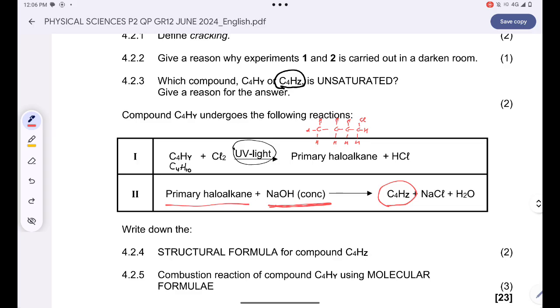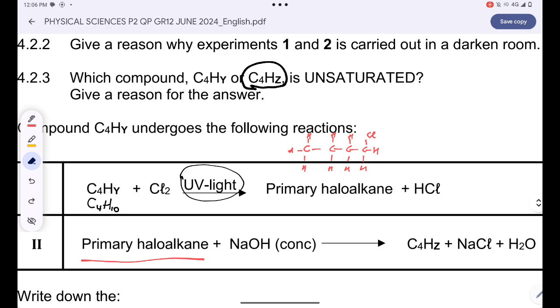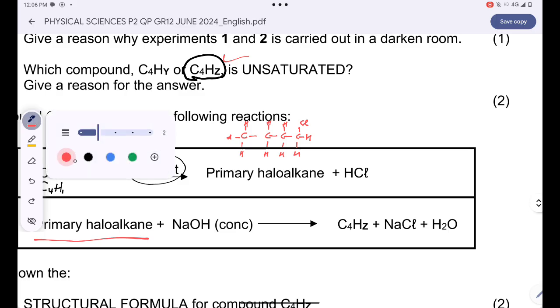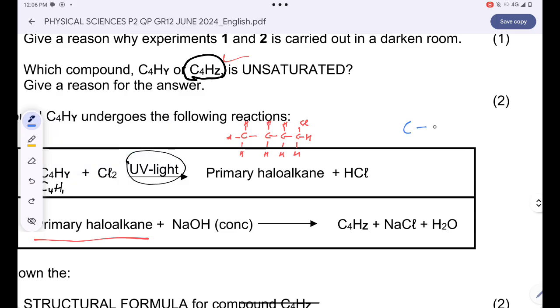And then we'll have two inorganic products, that is sodium chloride as well as water. Okay, so I now know that since I can use my butane to form this unsaturated hydrocarbon, I can draw the structure of the unsaturated hydrocarbon. Its structure will just look like this.